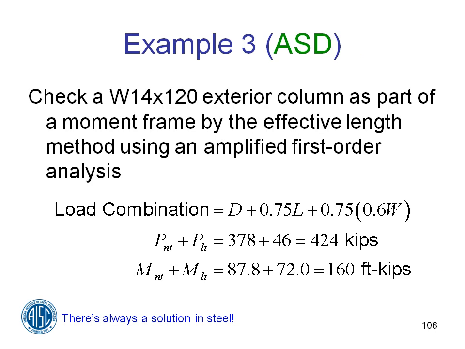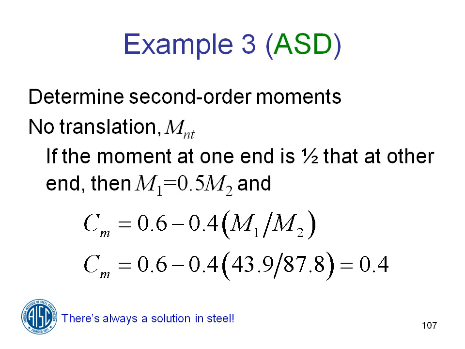We'll take a W14x120 that's an exterior column, it's part of a moment frame. In this particular load combination, determine the B1 and the B2 and see what happens. So here's the ratio of the moments at one end to the moment at the other, bending it in reverse curvature, so C sub m is 0.4.